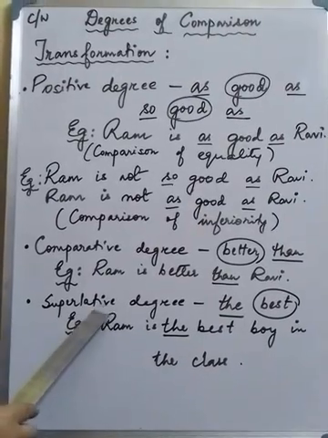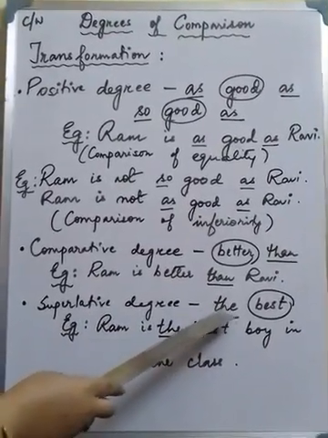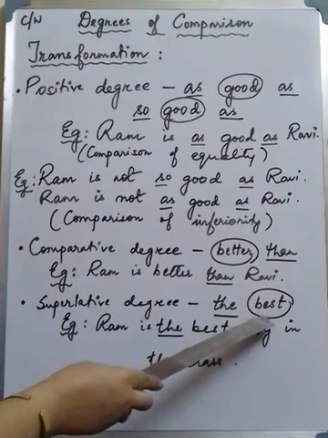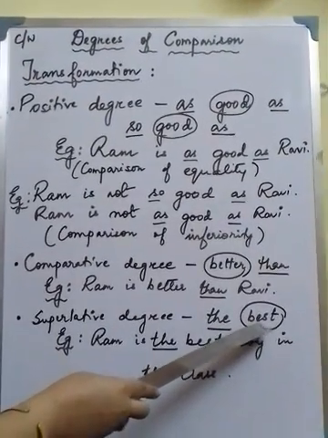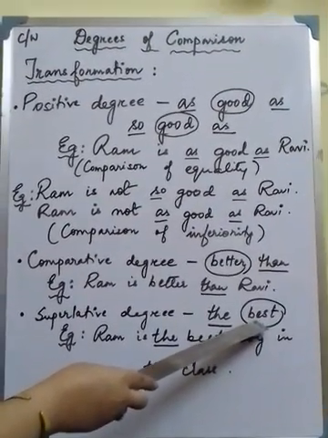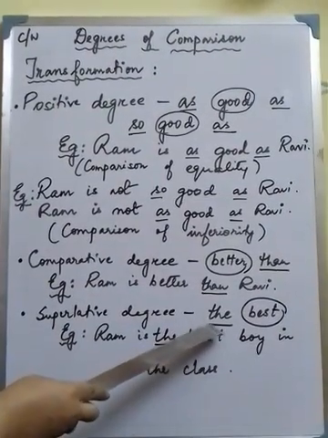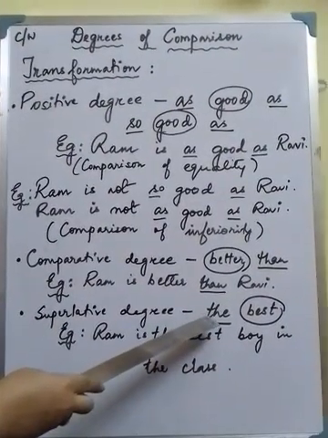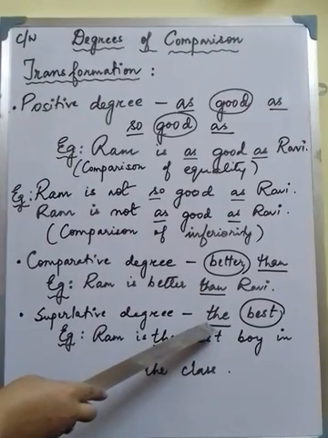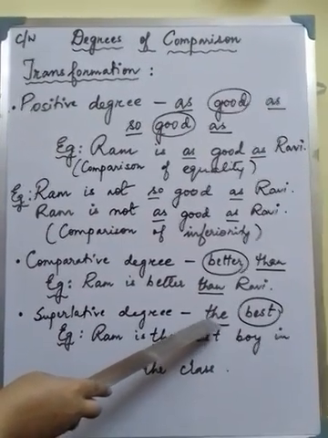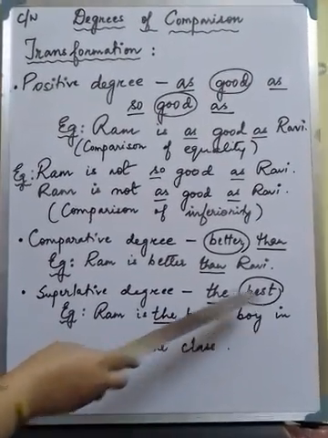In the third, superlative degree, we use the before the superlative degree of adjective. We use the definite article the. This you have also learned in the rules of articles. The is always used before the superlative degree.